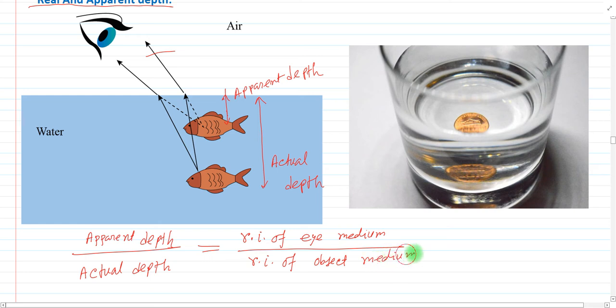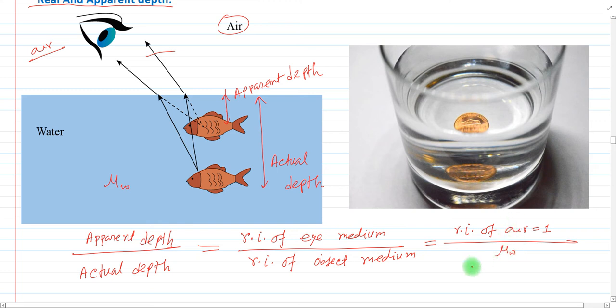Okay, so here if your I is in air, okay, here air is written also, then the refractive index of air, we know, is 1, divided by the refractive index of the object medium, suppose mu w, mu water.